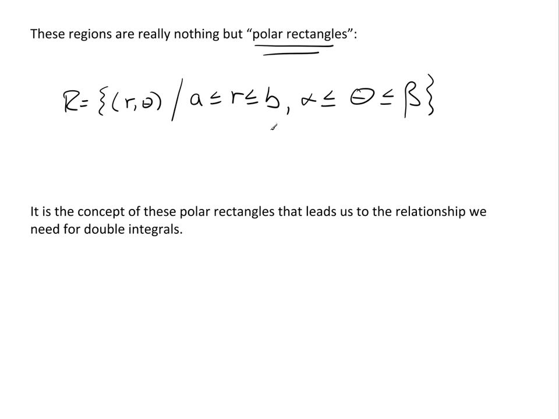This is the exact same way we defined a rectangle in rectangular coordinates, where I would define the domain for x and the domain for y. So this concept of polar rectangles is really what allows us to do double integrals in polar coordinates.